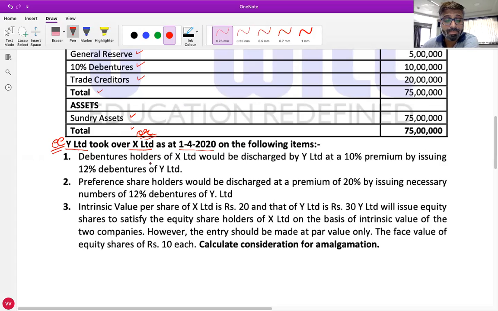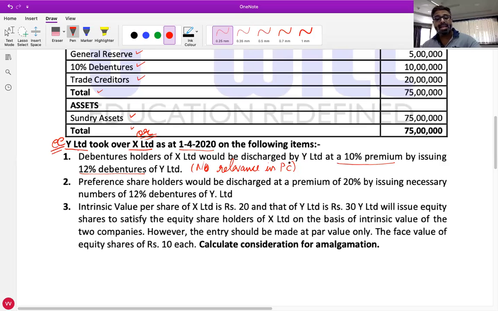Debenture holders of X Limited would be discharged by Y Limited at a 10% premium by issuing 12% debentures of Y Limited. No relevance in purchase consideration. I told you, we include only the payments made to equity shareholders.